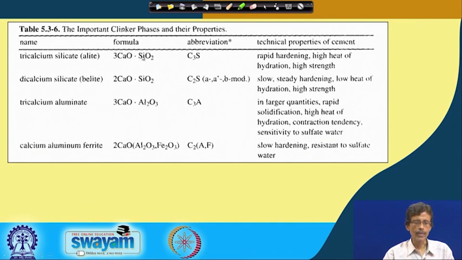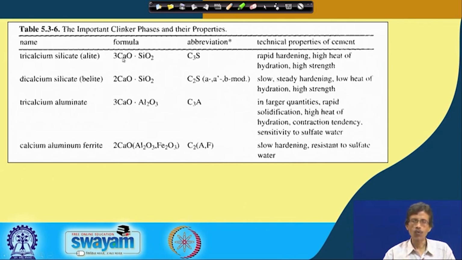That means a particular composition where you have 3 moles of calcium oxide mixed with 1 mole of silicon dioxide, which is nothing but your silica. So tricalcium silicate, its geological or mineral name is alite.